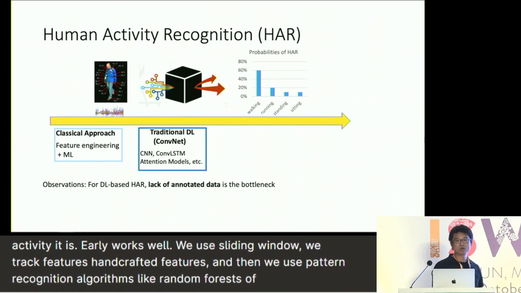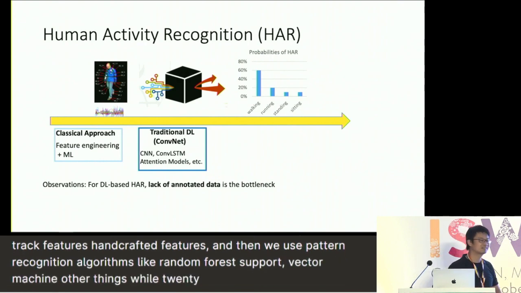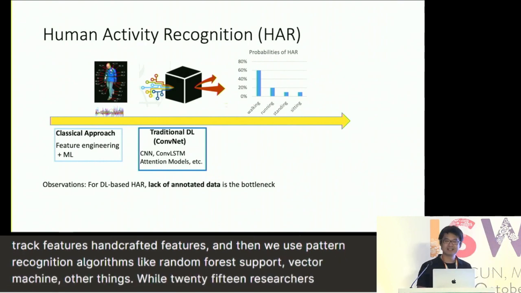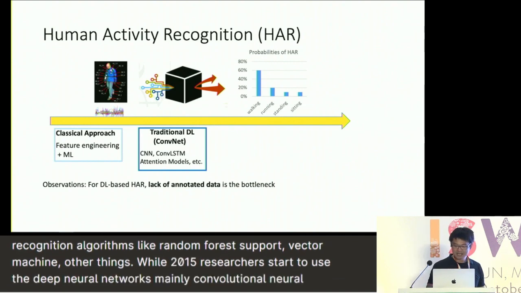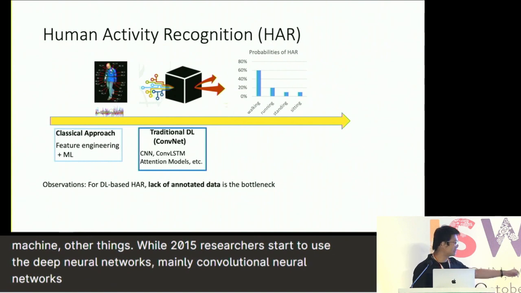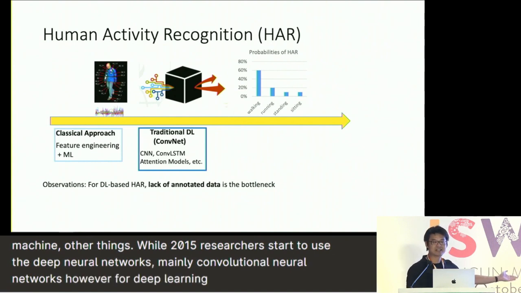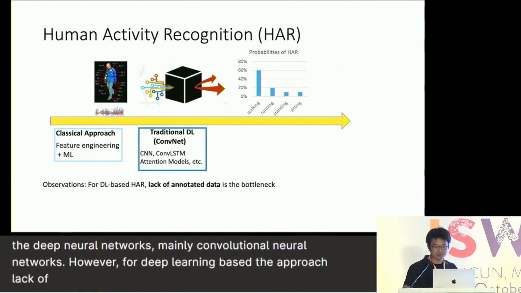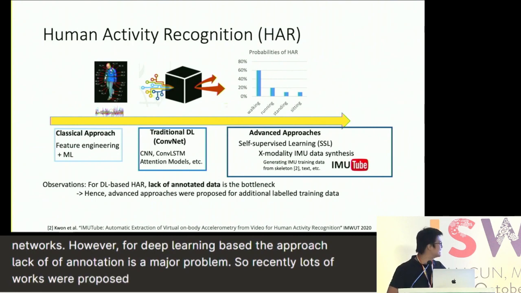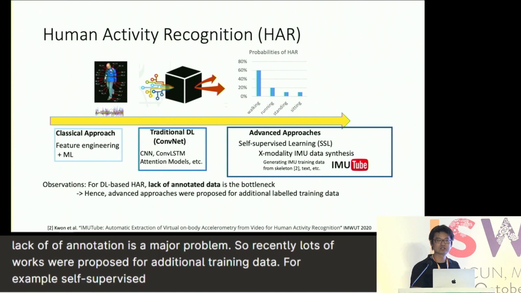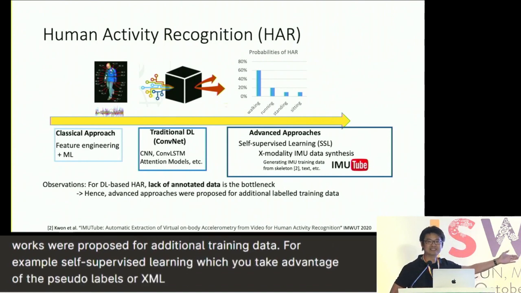Since 2015, researchers started to use deep neural networks, mainly convolutional neural networks. However, for deep learning-based approaches, lack of annotation is a major problem. So recently, lots of works were proposed for additional training data. For example, self-supervised learning, which takes advantage of pseudo labels, or cross-modality IMU data generation.